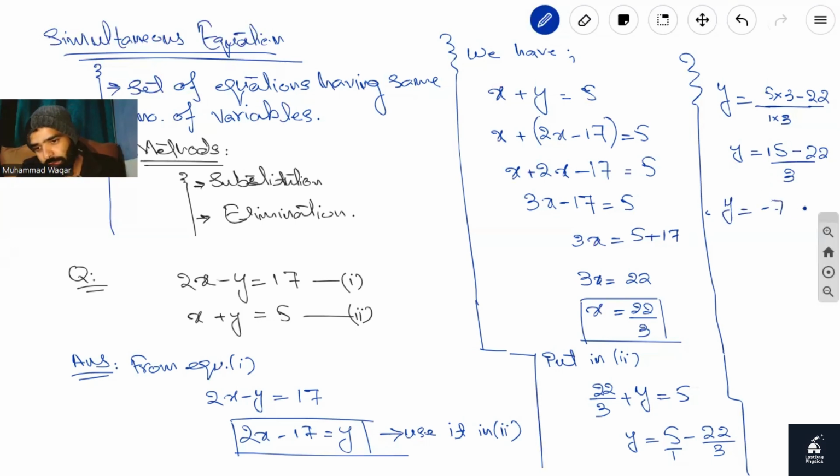Note that we sometimes don't have enough space to write all this working, but all the working we have to show in the exam questions, because sometimes exam questions involving simultaneous equations are a 4-mark question or a 5-mark question. So you may not want to miss any step that would impact your answer negatively, so the examiner can cut the marks.